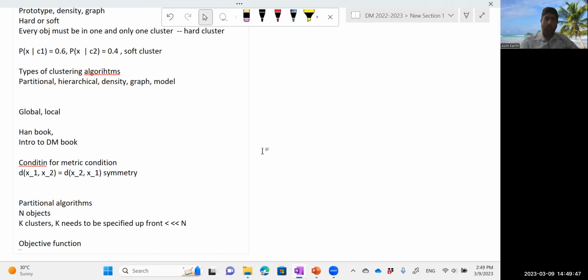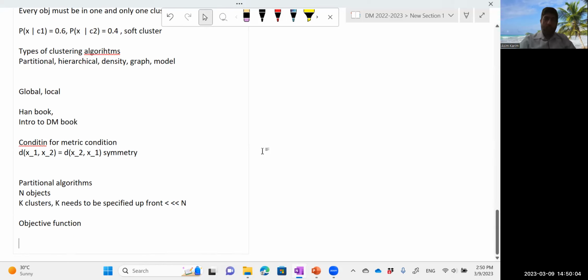And this objective function obviously would be based on the notion of similarity. So we would like to maximize similarity for objects within a cluster, and we would like to make sure that objects between clusters are of low similarity.